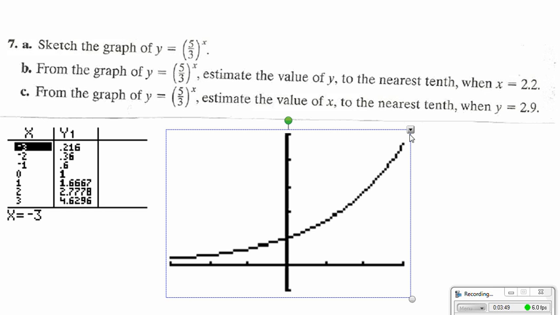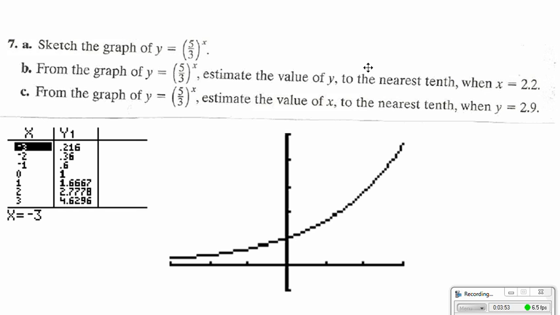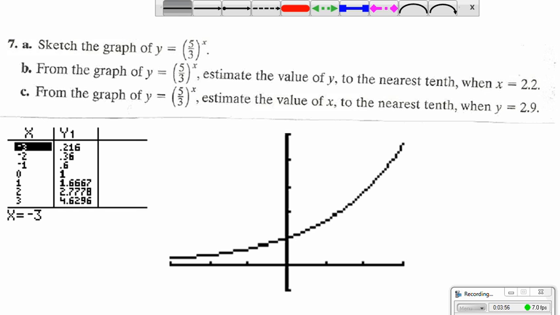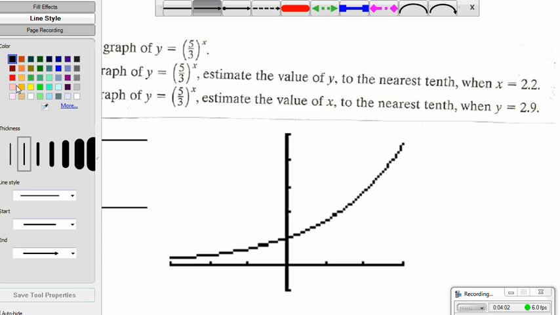Now, when I'm looking at 2.2, what I'm looking at is this one. Let me change the color to red, maybe. So 2.2 seems to be around here.